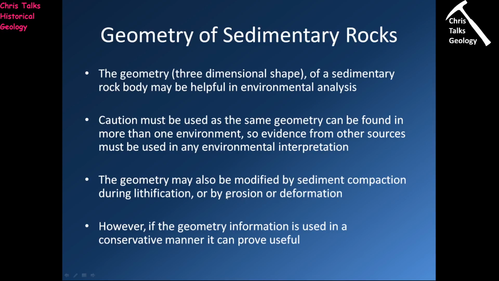So we always have to be aware that the geometry we're looking at may not be original. It could have been affected by a later process. However, if we are careful and use the geometry in a conservative manner, it can be a very helpful piece of evidence.